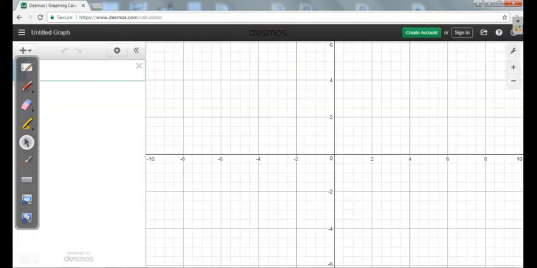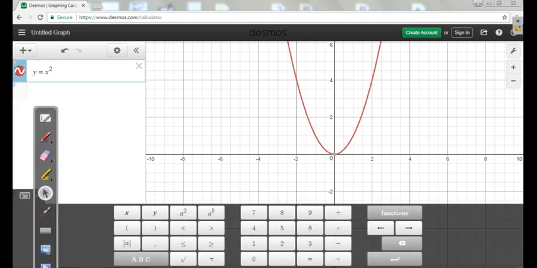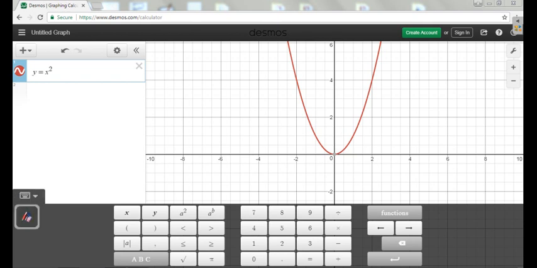Okay, so the first one we are going to look at is y equals x squared. So this is the original one. Okay, remember from like 2 days ago, right? That's your original parent function.